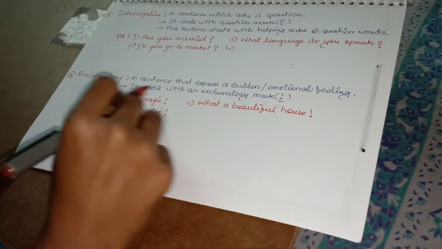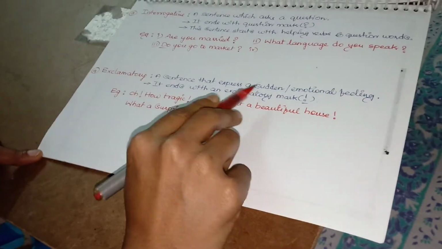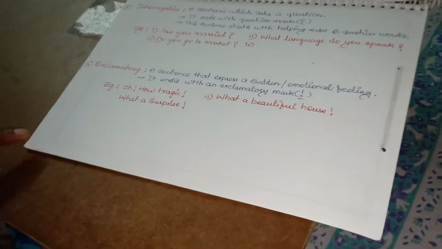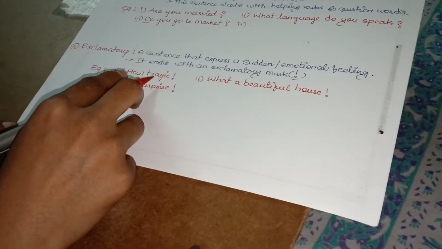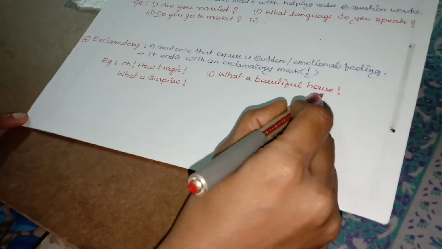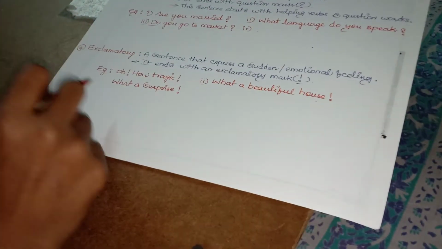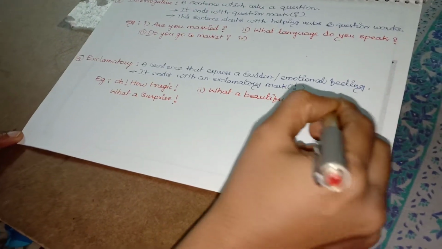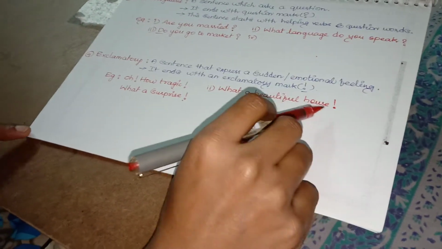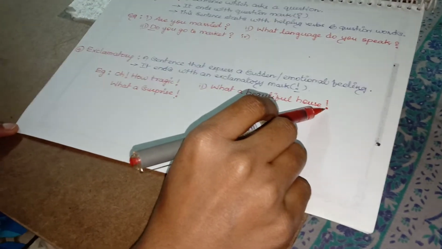And how does it end? It ends with a particular symbol, the exclamation mark. Here I have given some examples. Oh, how tragic. It's a sorrowful situation. What a beautiful house. What a surprise. So here you observe. When you want to mention it, definitely you have to mention it with the exclamation symbol.